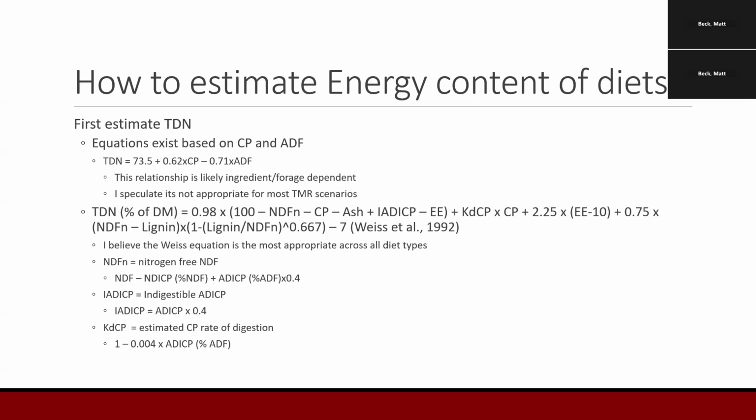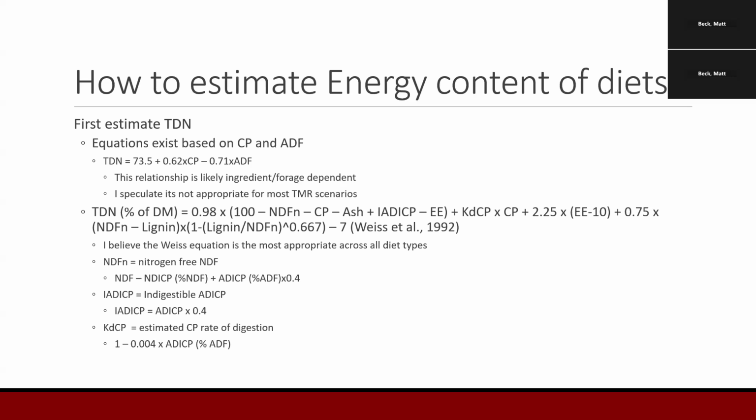So it's assuming that 98% of that nitrogen-free extract is digestible, plus KD, an estimate of crude protein digestibility, times crude protein, plus 2.25 times ether extract, minus 10.